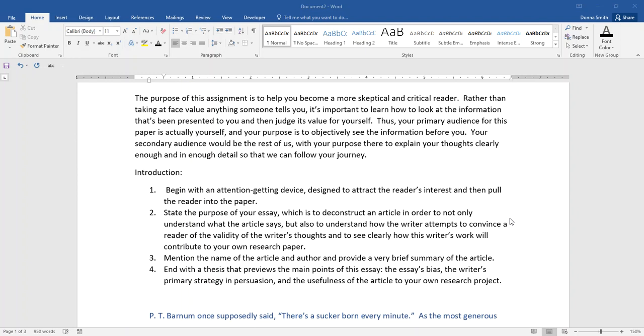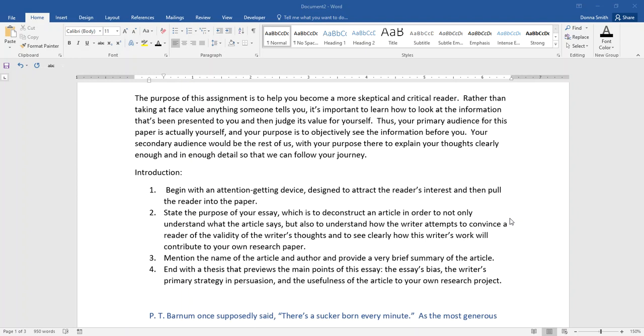What you're trying to do is get the reader interested, and you're also trying to kind of pull the reader into your essay. The second thing you'll be doing is stating the purpose of your essay. And the purpose of your essay does not have that much to do with the content of your article.